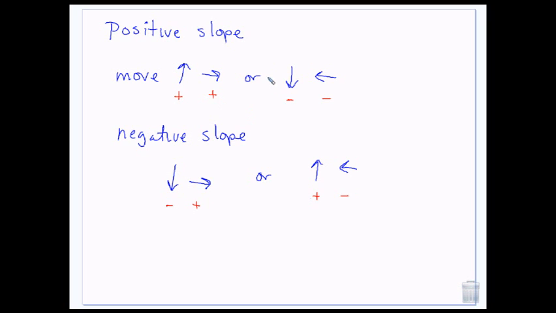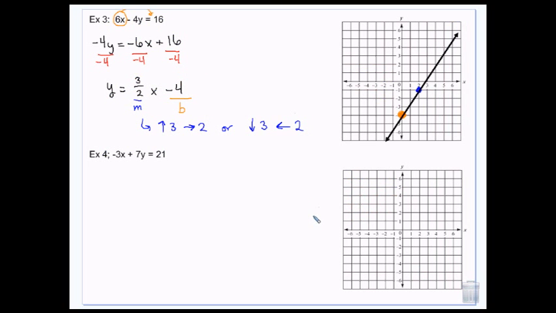So these are the ways you can move. I personally think you should always try to move up or down for your positive or negative and to the right. That's the easiest thing to remember. It's only when you can't move that direction because you run out of graph space that you go backwards. Okay, does that help? Do you still need that? Okay.